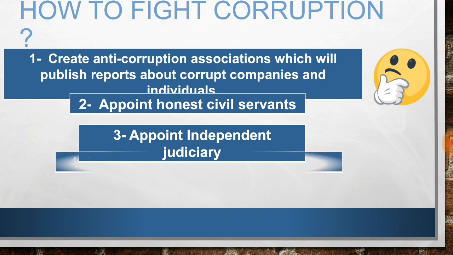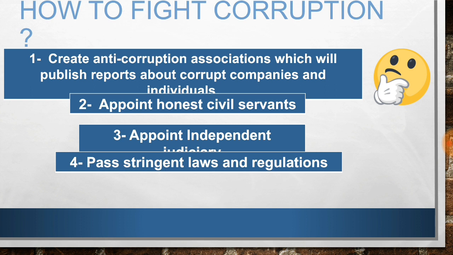Number four, we can fight corruption if we pass stringent, it means severe, laws and regulations. If we pass stringent laws, we can imprison corrupt officials and severely punish corrupt companies.